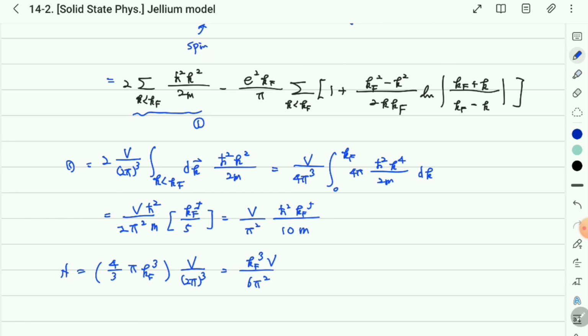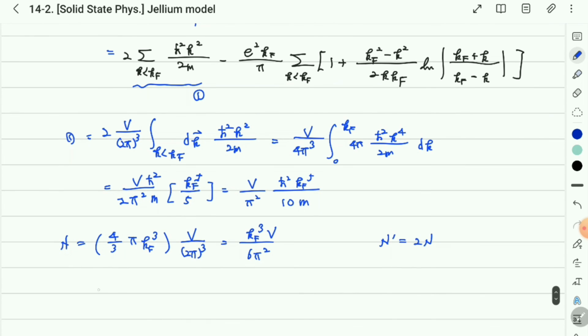And also we should consider the two spin states, so we should multiply 2. Therefore, here n over V is kf cube over 3 pi square, because the spin should be included, multiply 2.